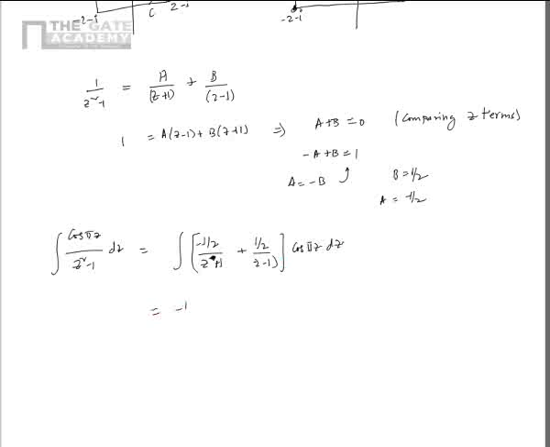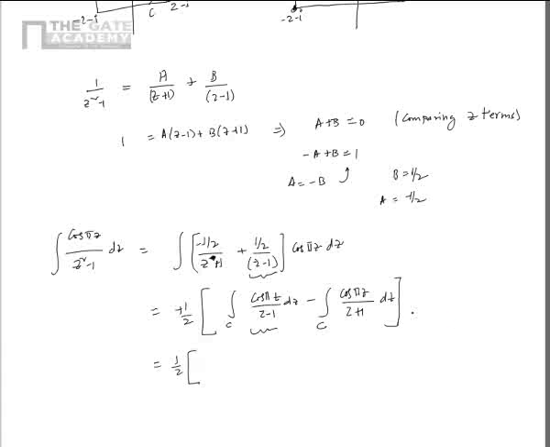So this can be written as plus half integral over C of cos pi z by z minus 1 dz, minus half integral over C of cos pi z by z plus 1 dz. So this is half.